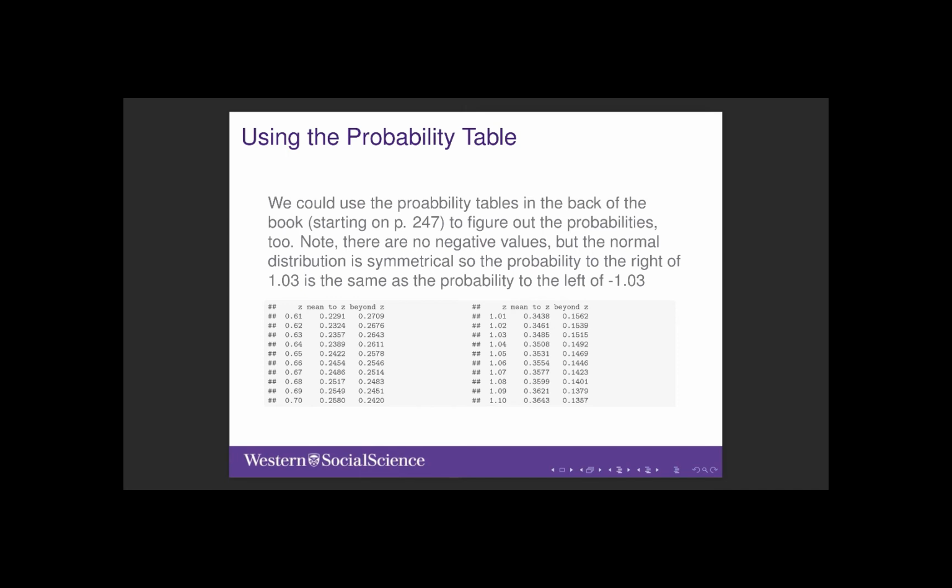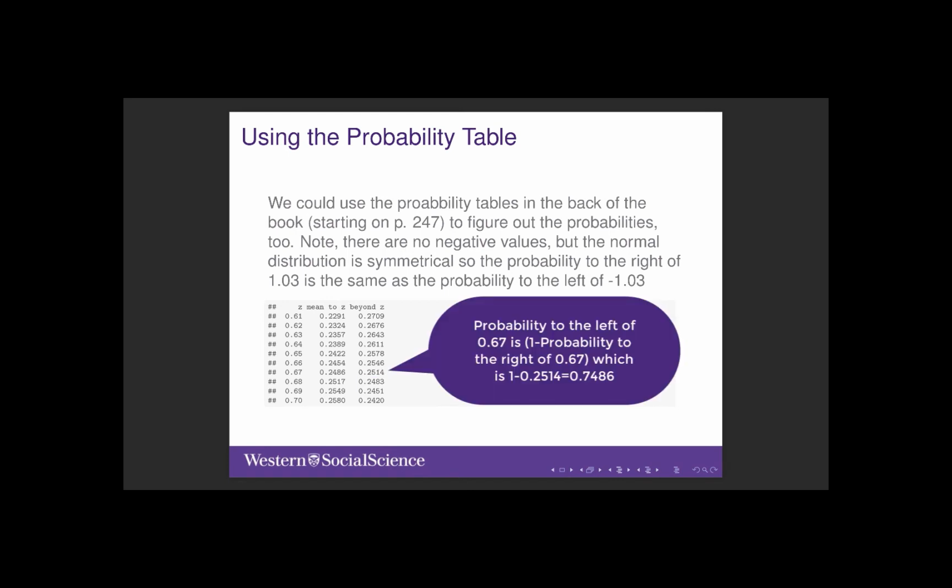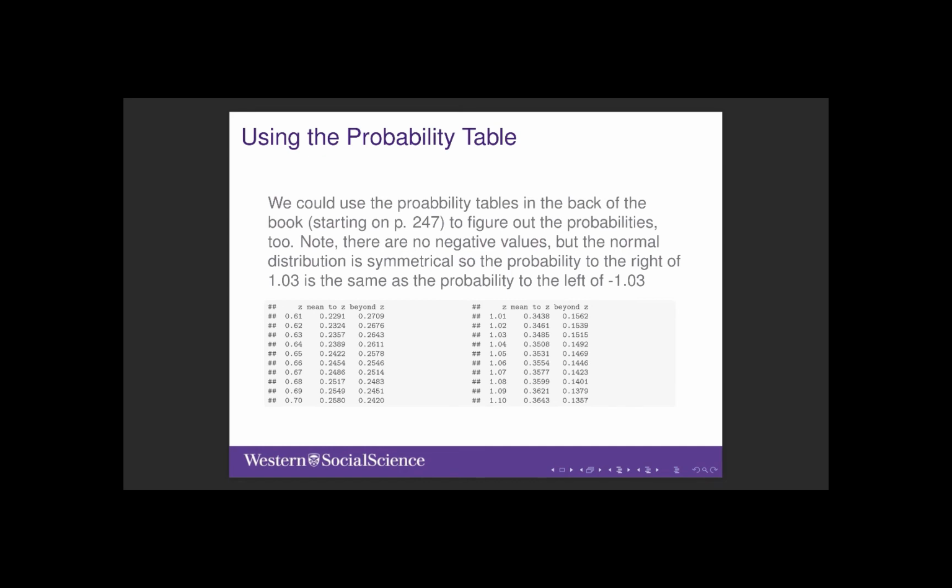Looking at the table, we see the probability to the right of 0.67 is 0.2514. That means the probability to the left of 0.67 is 1 minus 0.2514, or 0.7486, approximately 0.75.